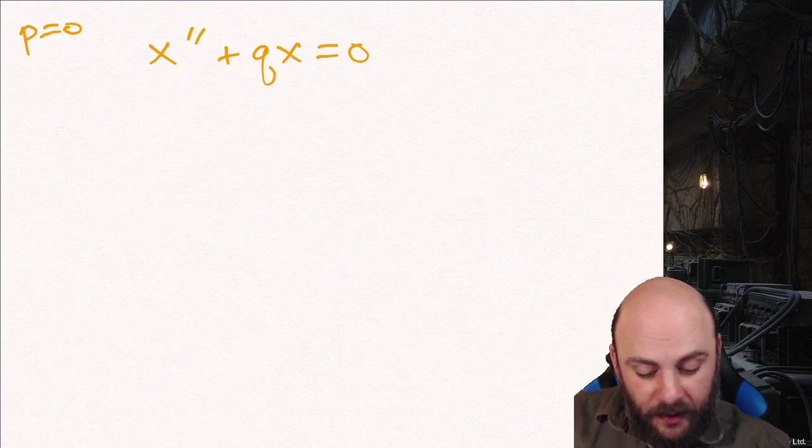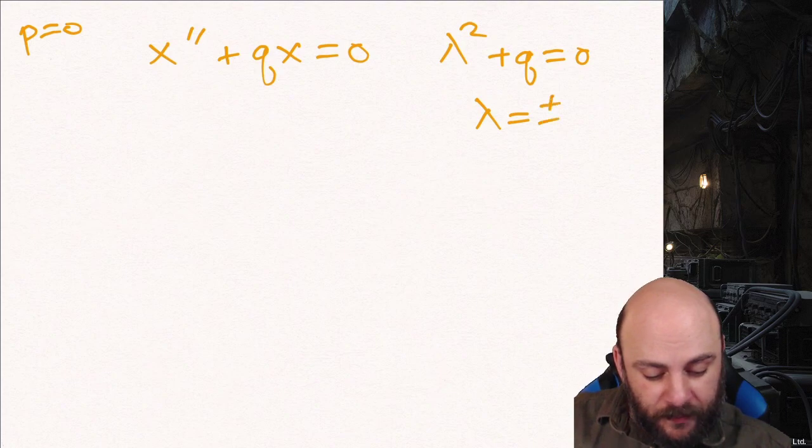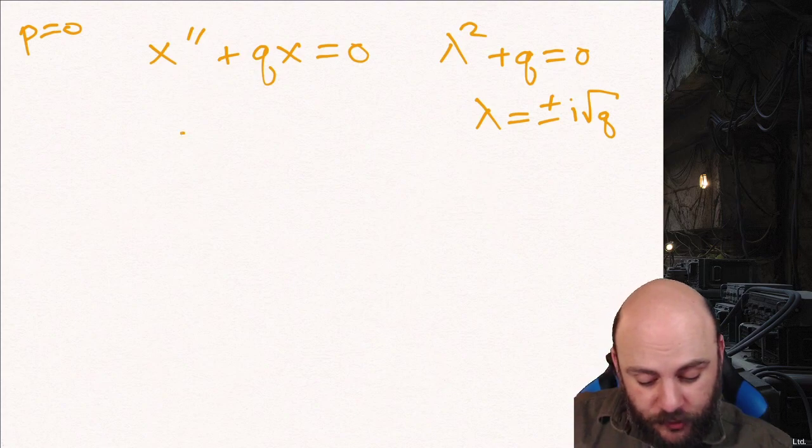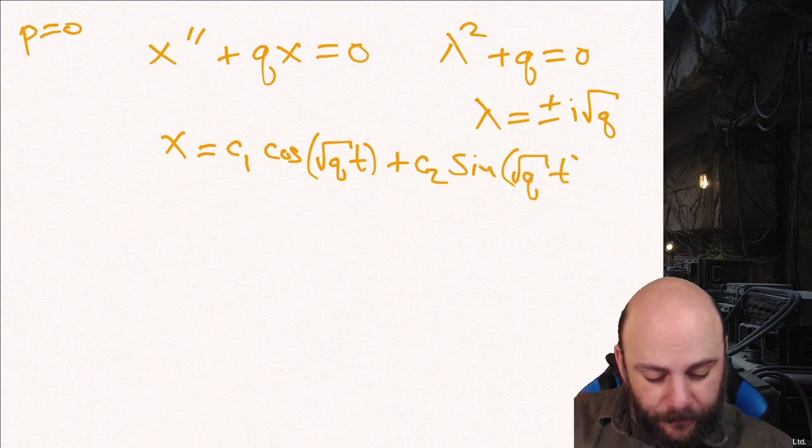Lambda squared plus q equals 0, which means lambda equals plus or minus i the square root of q. And so I know my solution x looks like c1 cosine of root q t plus c2 sine of root q t.